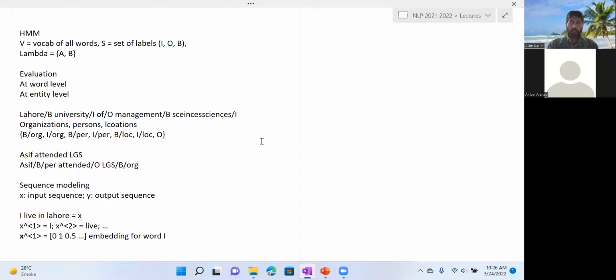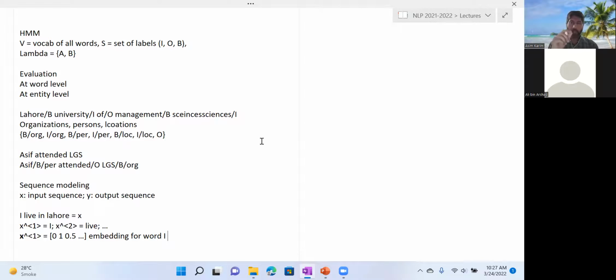So if we are going to write the whole sequence, I will just write it as X. If I want to identify a specific word in that sequence, I will show the position in angle brackets. And of course, X is usually a vector representation of that linguistic unit, word or sentence or sequence.